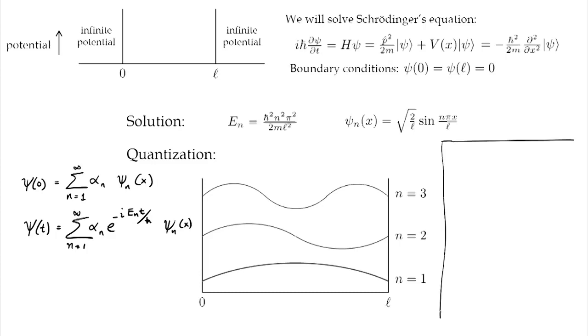Okay, so what we said in the beginning of this lecture is that this very simple model of a particle in a box, or on a 1D line segment, is a very good model. It's a very simple model of the electron in a hydrogen atom. Now, to see how good it is, you can even make this analogy quantitative.